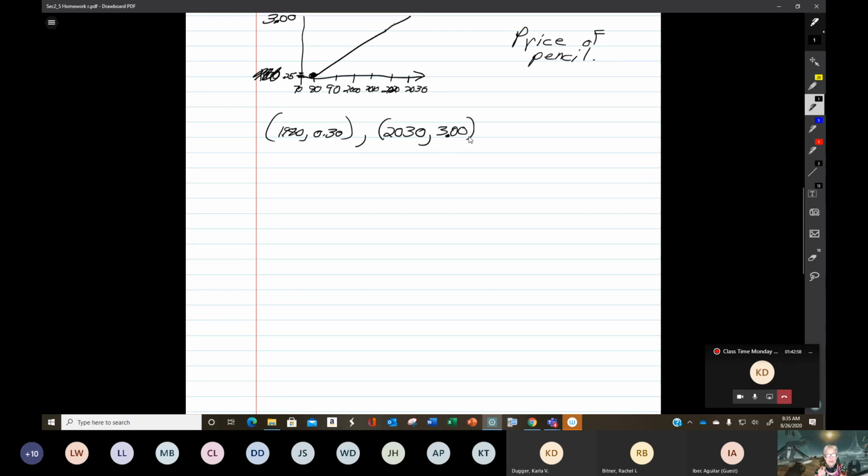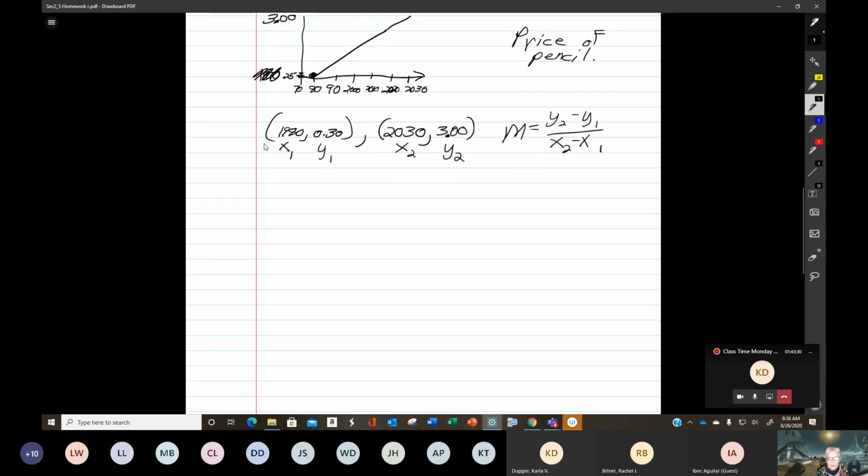Here is what we would do. Remember the slope formula. How can you forget it? M equals y2 minus y1 over x2 minus x1. Now we let this be x1, y1, and we let this be x2, y2.